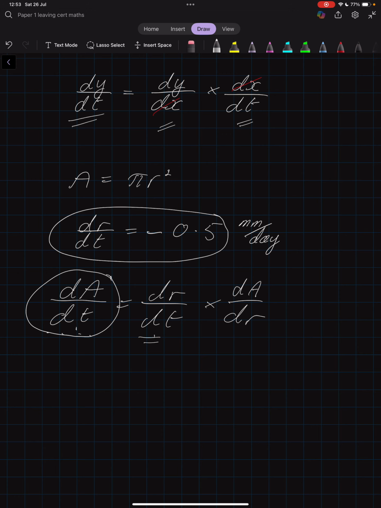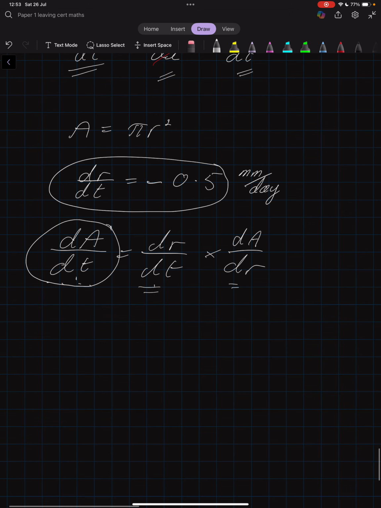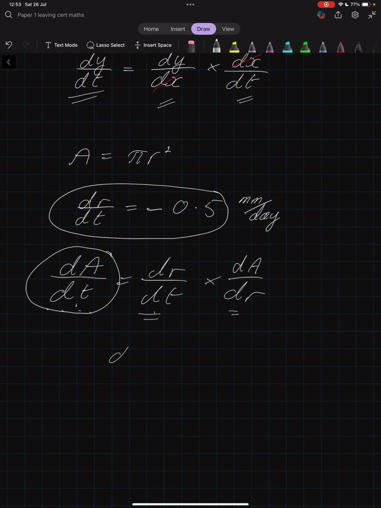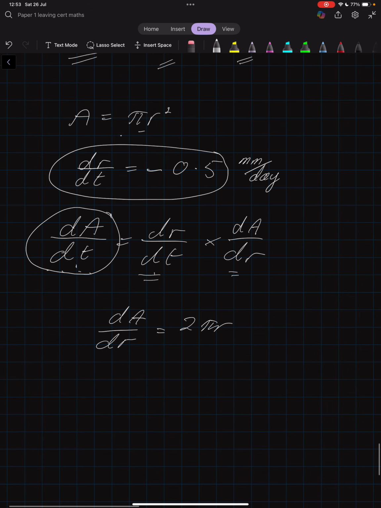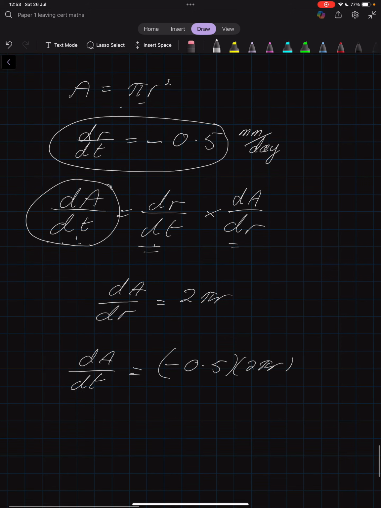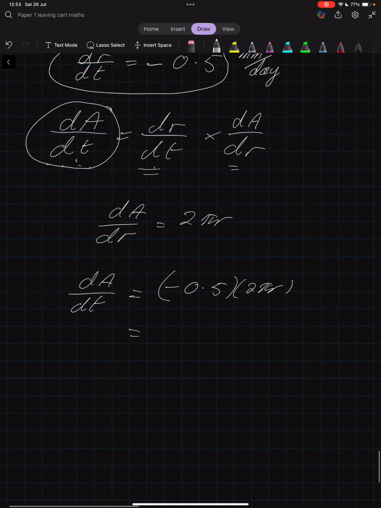I've been given this, and this is something I can figure out. So what's dA/dr? dA/dr, if I differentiate this, I get 2 pi r. So dA/dt is equal to minus 0.5 times 2 pi r, which is equal to minus pi r.